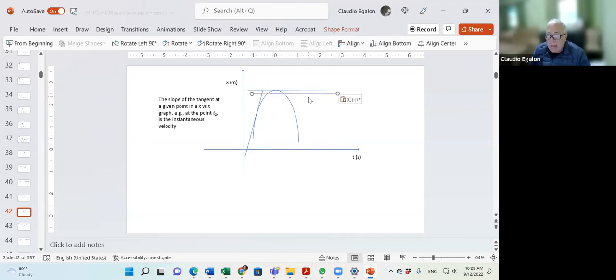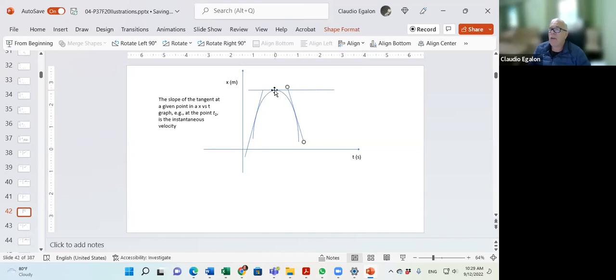And on the other side of this graph, we are going to have a negative slope, which means that the instantaneous velocity is negative. And what does negative velocity mean?